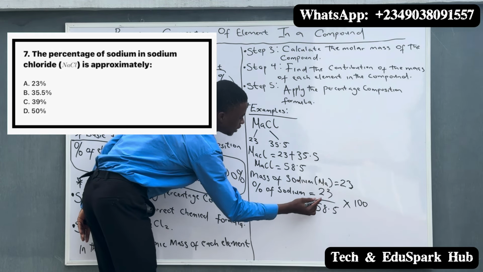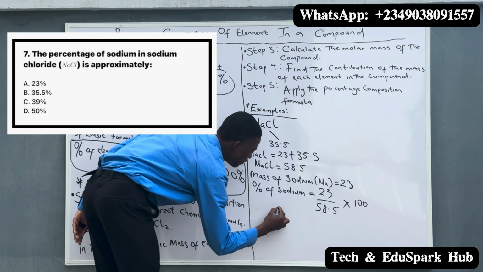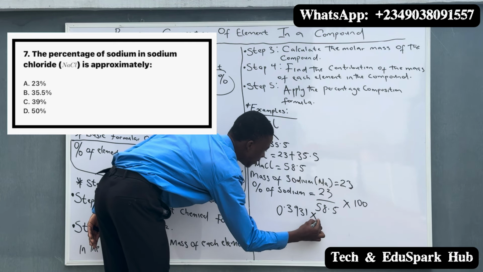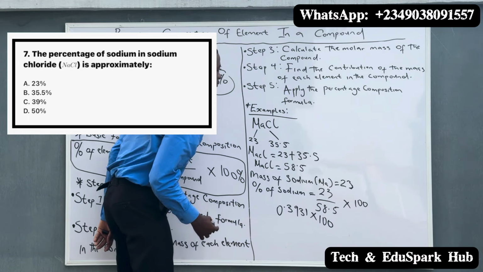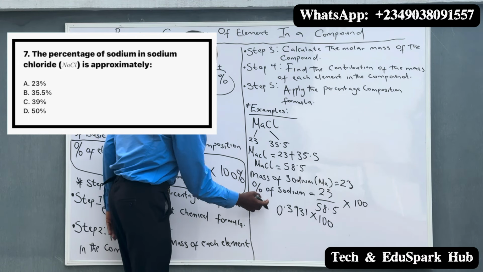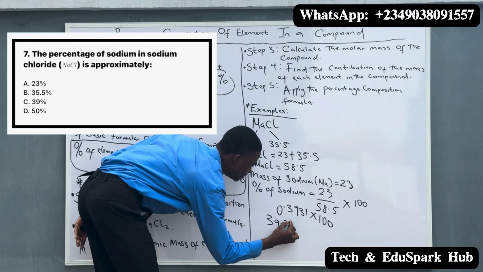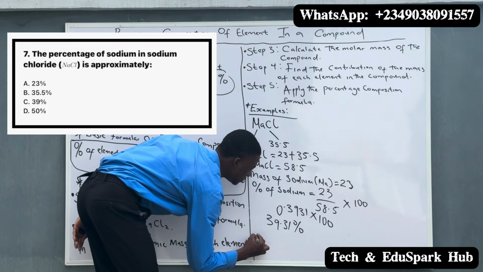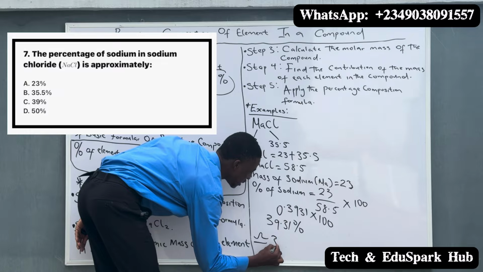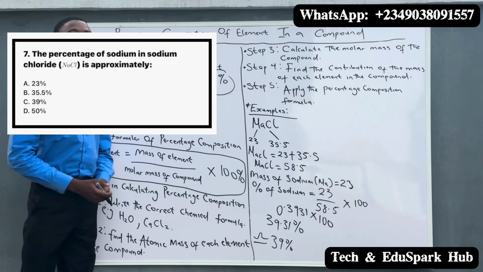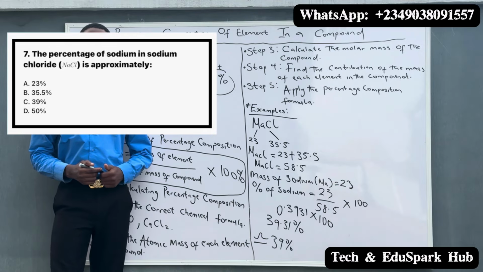When you divide 23 by 58.5, you have 0.3931 multiplied by 100. And our final answer, which is the percentage of sodium in this compound, will be given as 39.31%, or approximately 39%. So 39% is correct for questions of this type.